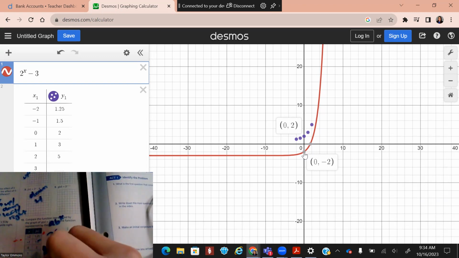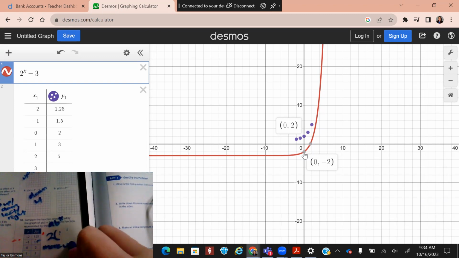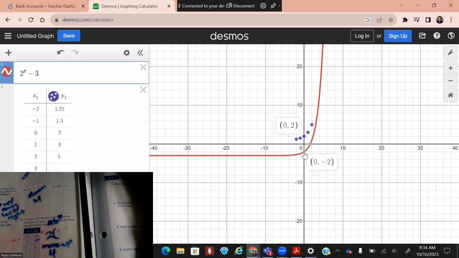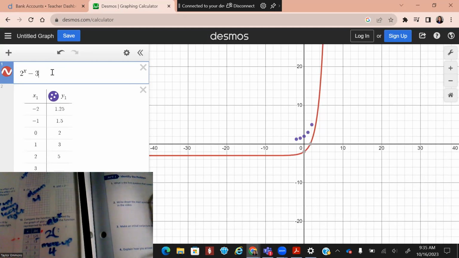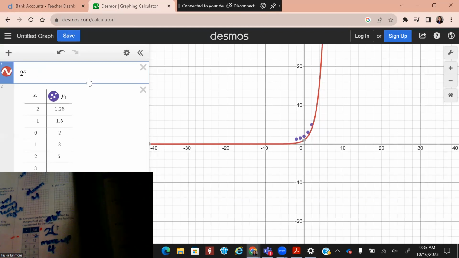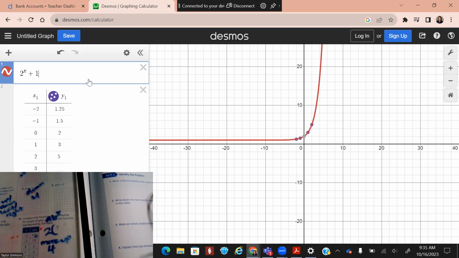Okay, so back on our paper, we're going to say move up 4. Now, if we would have taken the red equation and we would have added 4 to it, what would that have given us? So we take this red equation and added 4, what would that give us? So -3 plus 4 is, that the function right there?